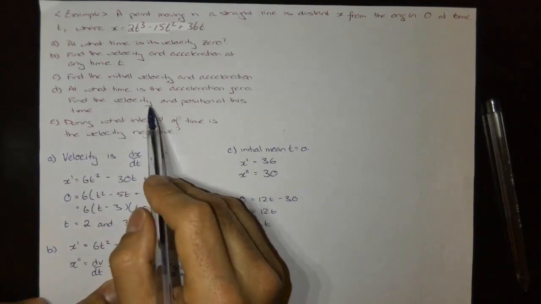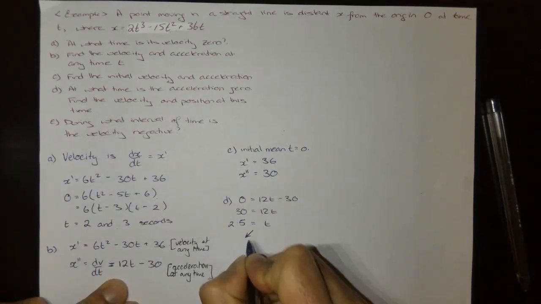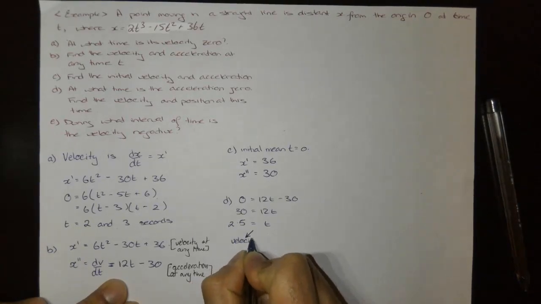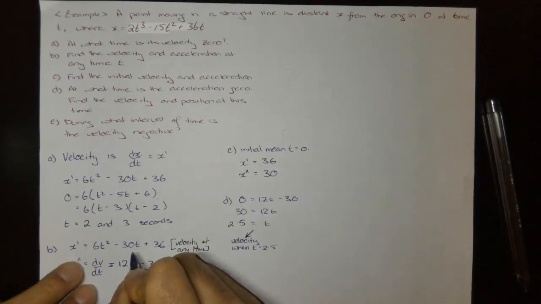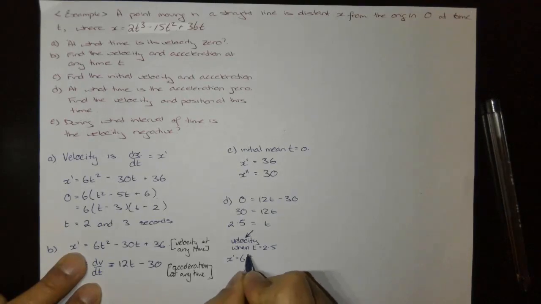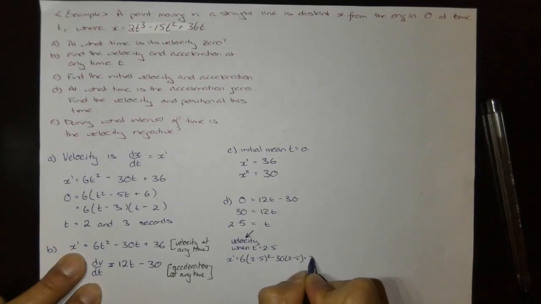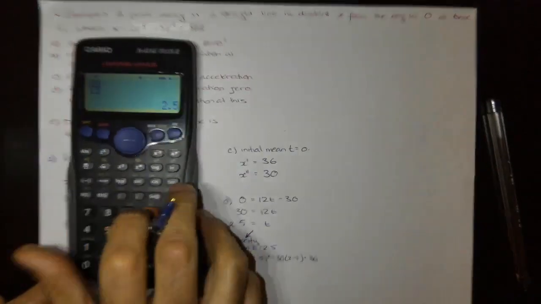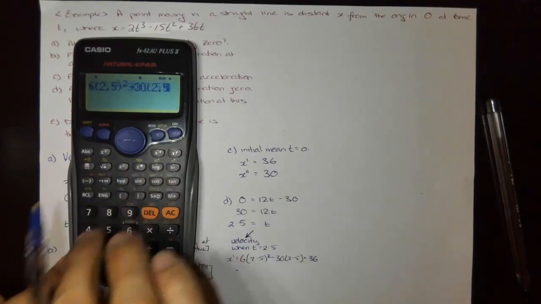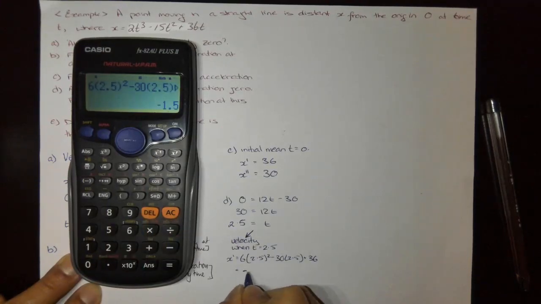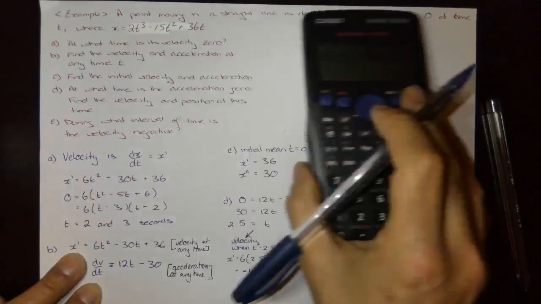We want to find the velocity and position at that time. So the velocity when t equals 2.5, we're going to plug it into here. It is negative 1.5 units of distance per unit time.